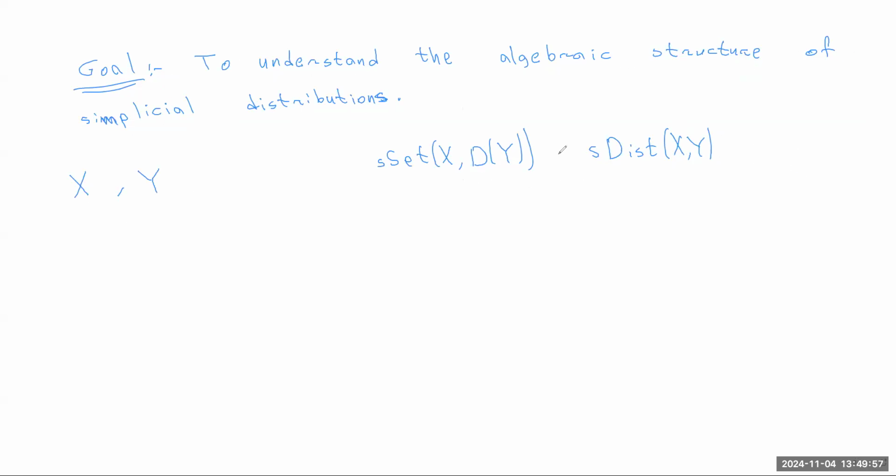That means all the simplicial distributions from X to Y, that means this set, where P is a simplicial distribution.